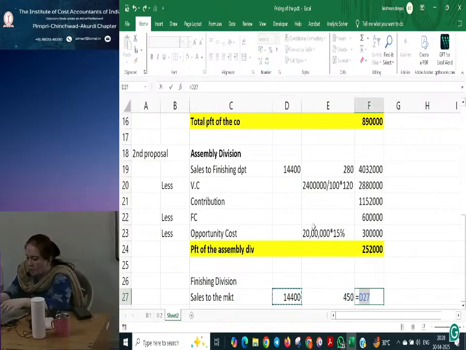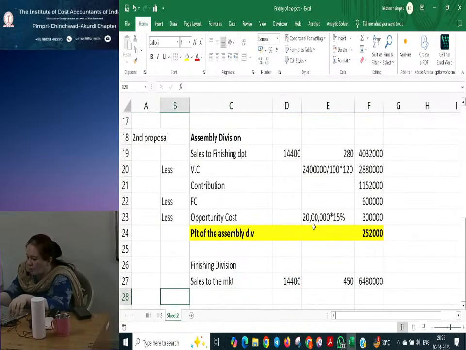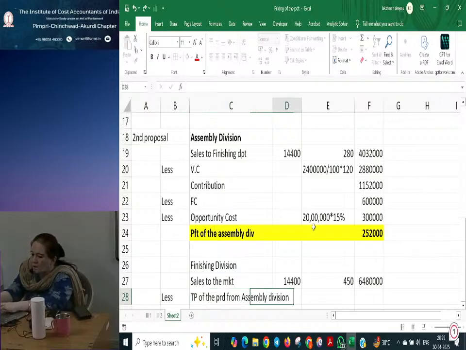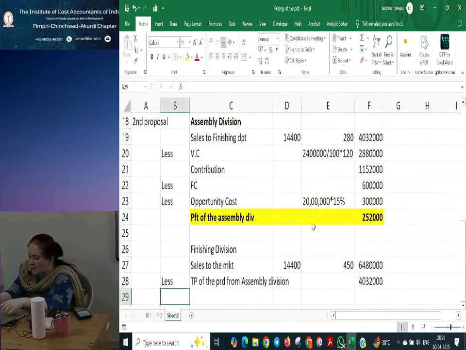And this is going to be 14,400 into 450, but less the transfer price of the products from assembly division, which is going to be 40,32,000 less the variable cost.